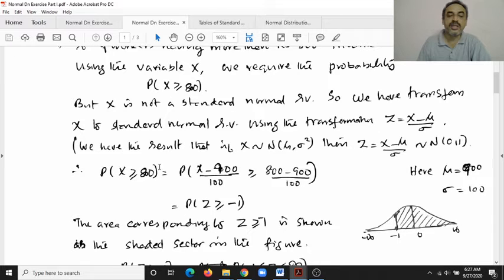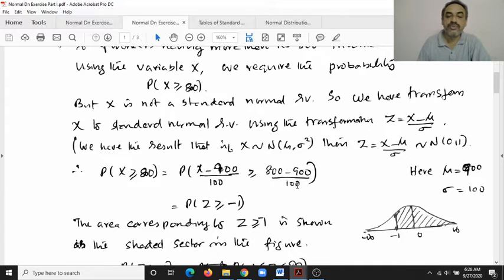So the probability of x greater than or equal to 800 is equal to the probability of x minus 900 by 100 greater than or equal to 800 minus 900 by 100.